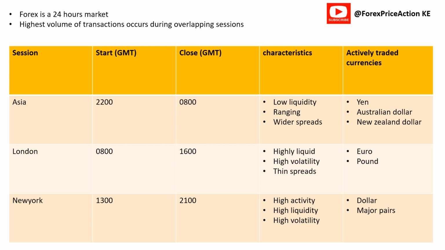The overlapping period is basically, let me give an example: New York starts at 3 p.m. Kenyan time. At that time, the London session is still running. So when New York is starting and London is still running, in that overlapping time, you usually see a spike in volume as American traders are just getting into the market.